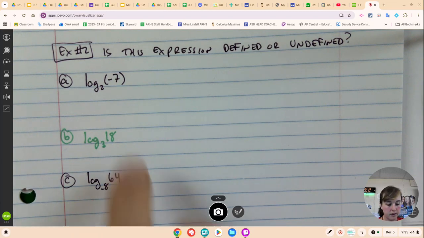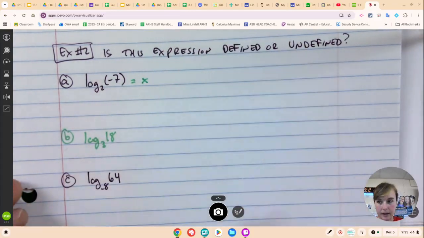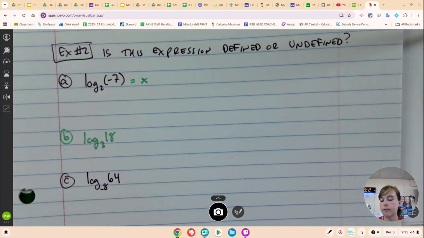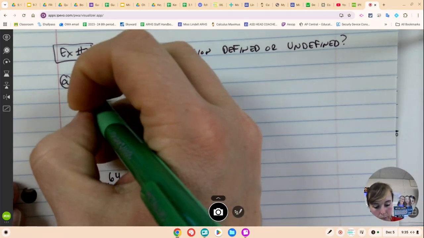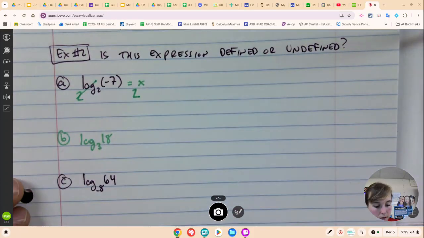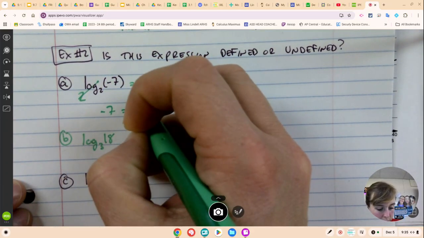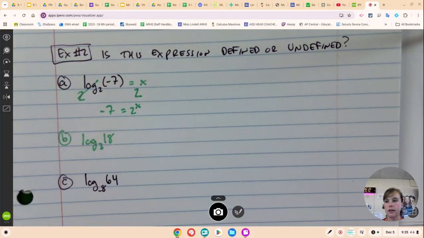So, to start with this first one, what I might do is start by setting it equal to x, because if it's defined, it has to equal something, right? And then I'm going to undo the log part of this by putting a base of 2 on each side. So now we have the expression -7 equals 2 to the x, which might be an easier thing to think about.